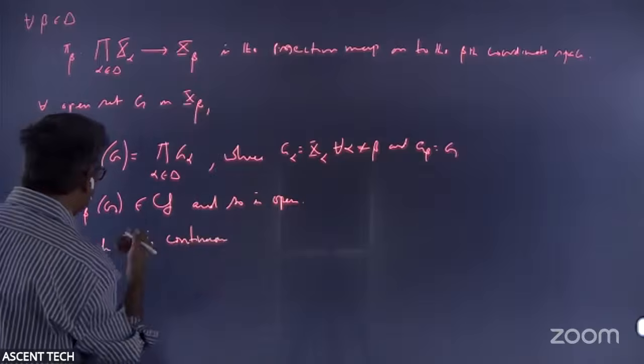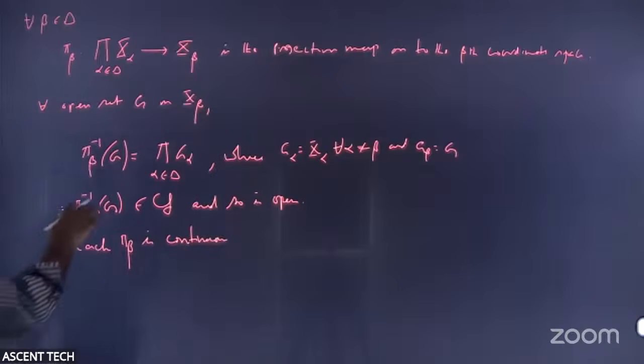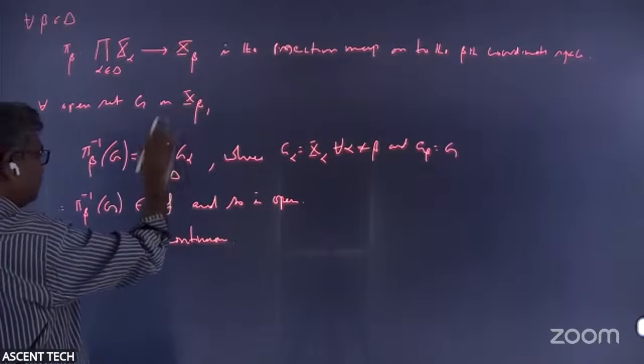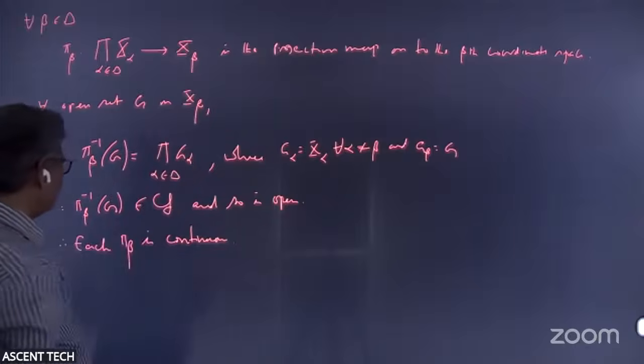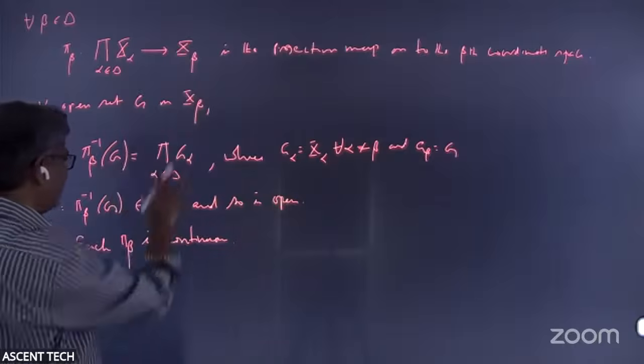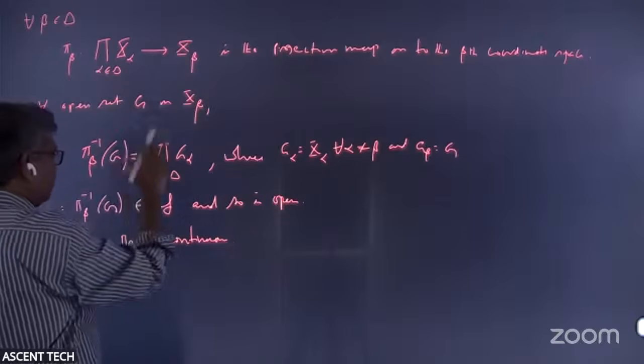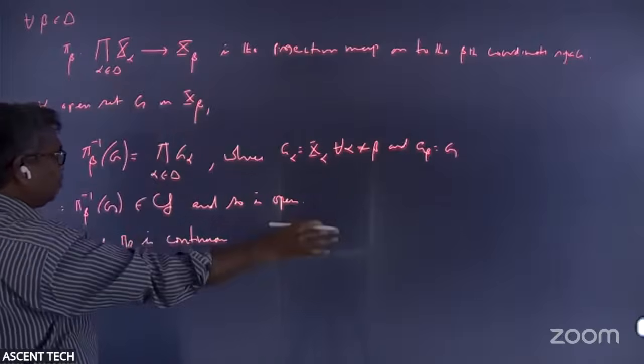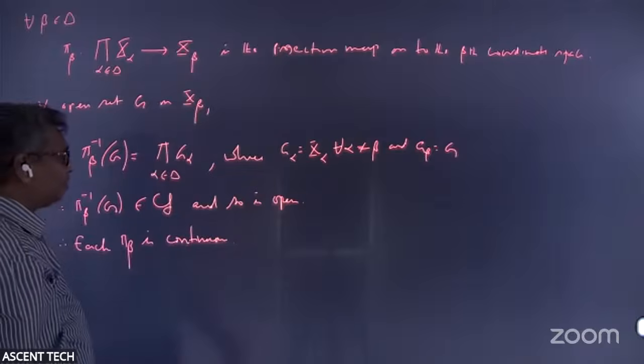You know what? Each pi beta is open also. If you really look at what happens, only the component goes there. Pi beta is even an open mapping because it sends open sets to open sets. Any open set in the product space looks like that. When it is projected onto beta, the beta component alone comes.